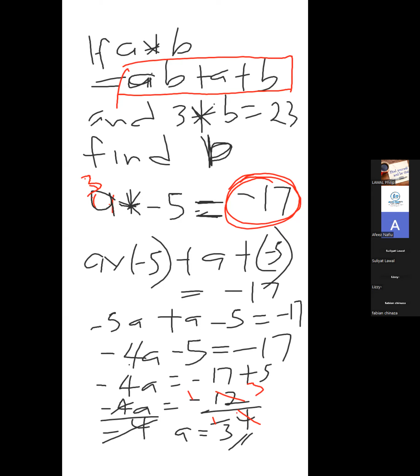So I want to go back to where I stopped last week before I move further from there. I want to go to the properties, and I listed all the properties of binary operation. I started last week with the closure property, and I'm still going to go back to that for the sake of those who missed out on that class.